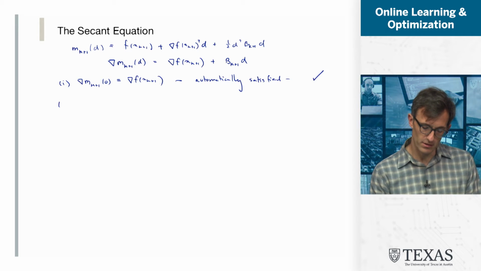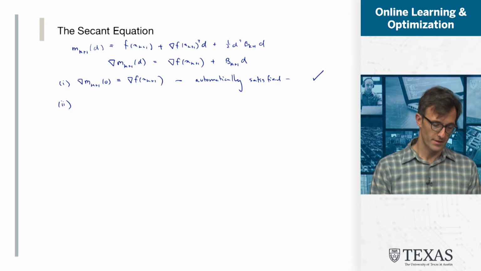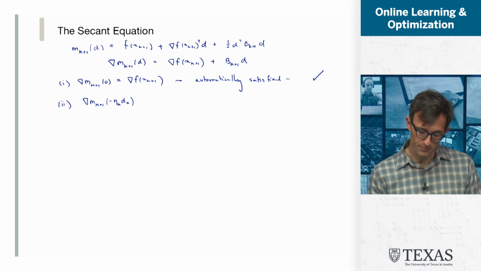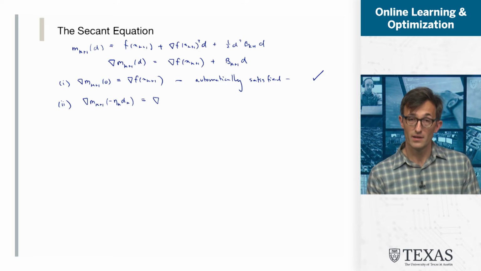Okay, let's look at the second condition. The second condition requires that the gradient of m_{k+1} evaluated at minus eta_k d_k equal the gradient of f of x_k. So what is the gradient of m_{k+1} at minus eta_k d_k?